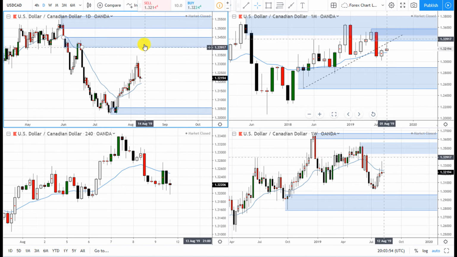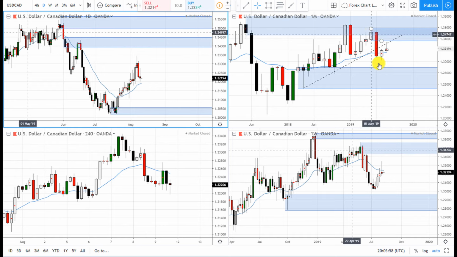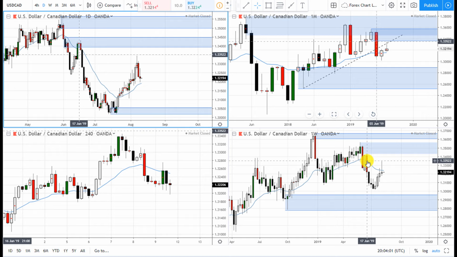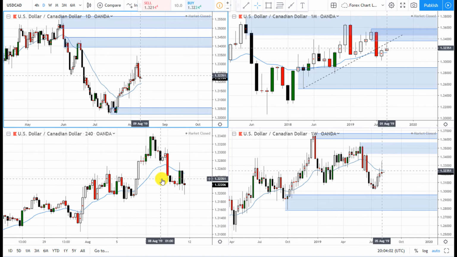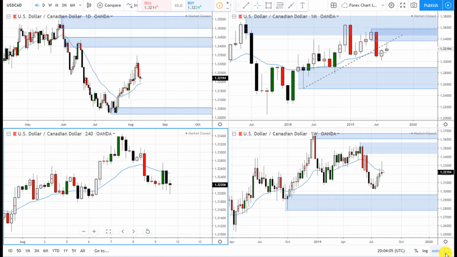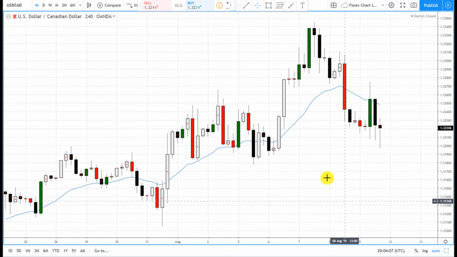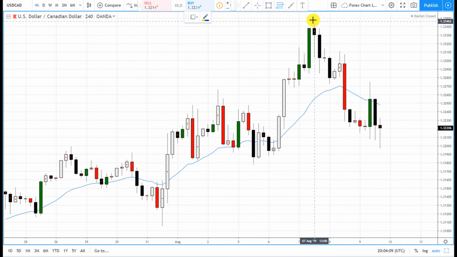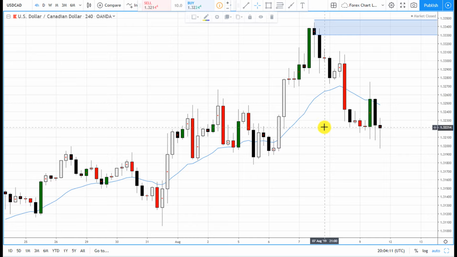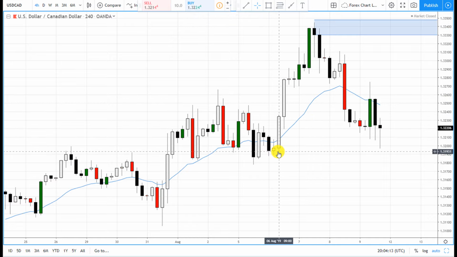So yeah, if price goes up here, we want to short because that's within our trading range. On the 4 hour, price formed a level of supply right here and a level of demand right here.